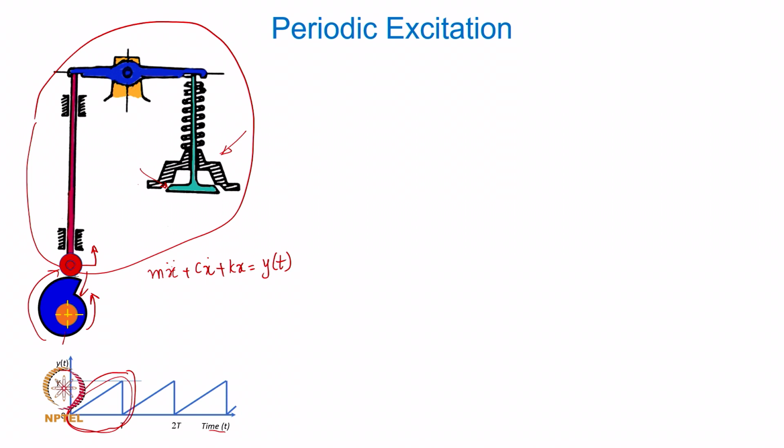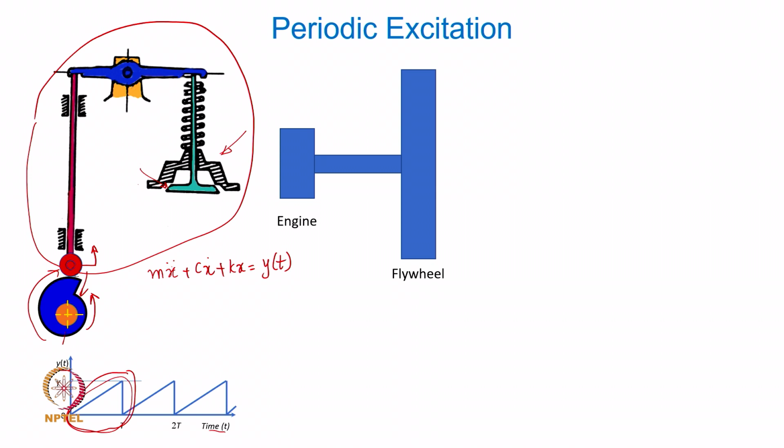The other example is, let us say, again an IC engine, with a crankshaft connected to a huge flywheel. Just assume that this engine is a 4-stroke, single cylinder engine, and you all know such an engine will be subjected to an excitation torque as a function of the angle theta rotated.